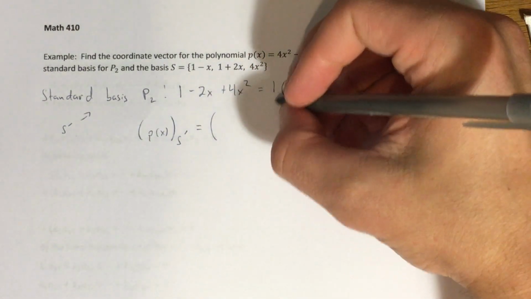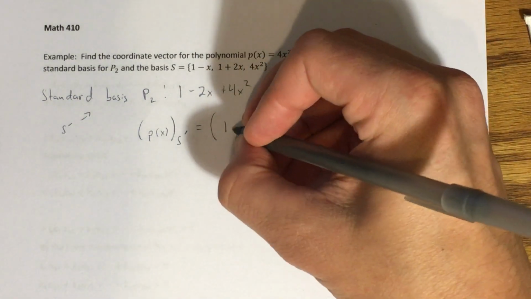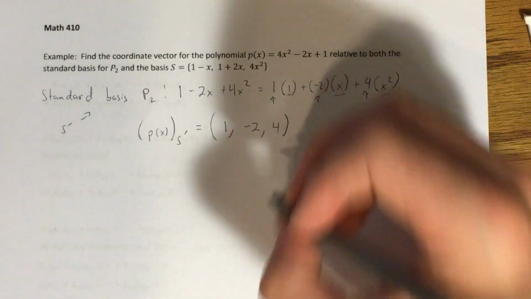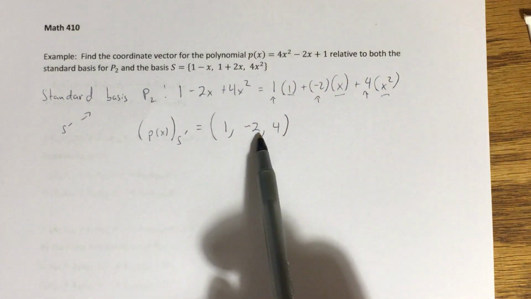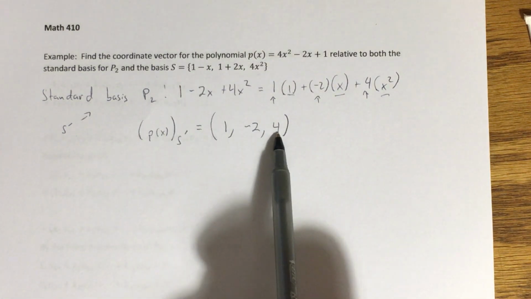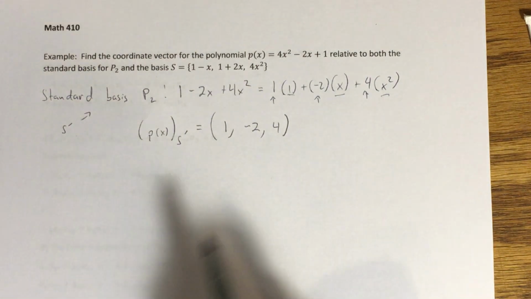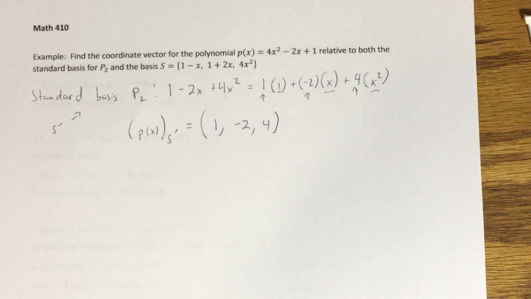And so these, being my scalars, 1, negative 2, 4, those would be the coordinates for this vector. Now notice, it looks like it's just the coefficients. And that's the reason why the standard basis is easy to work with. The coordinates of this vector are just going to look like the coefficients of this polynomial.